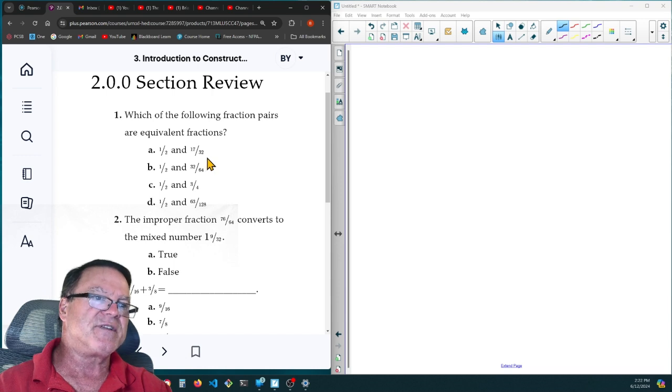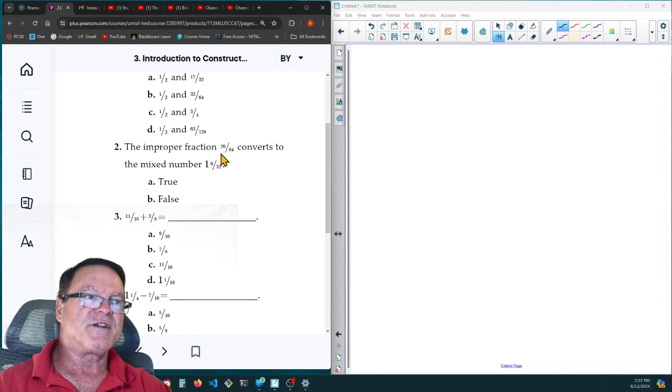No, 16/32 would be 1/2. 1/2 and 32/64. Yes. 1/2 and 3/4. No. 1/2 and 63/128. No. It's very close. 63/126. So B is the only pair of equivalent fractions.